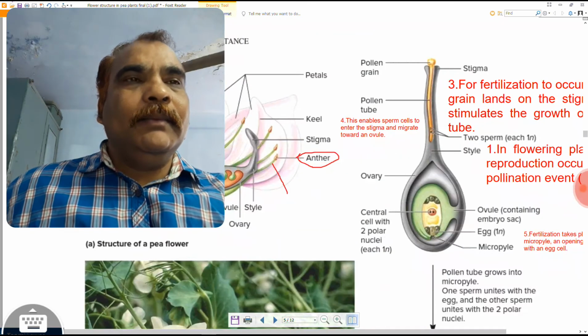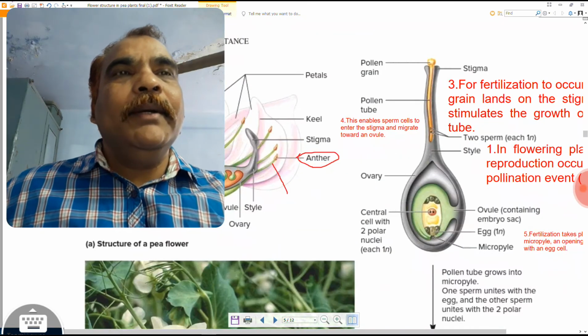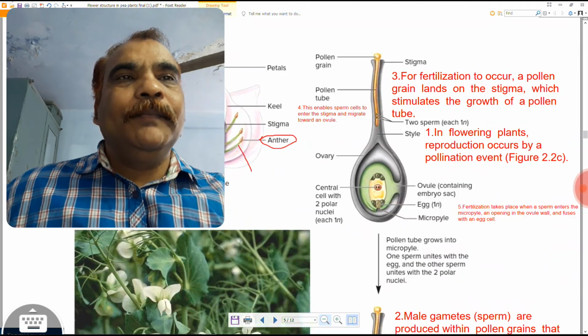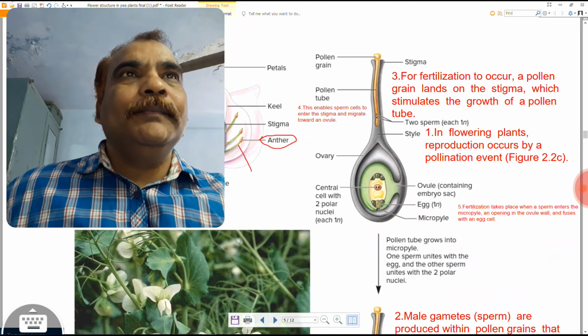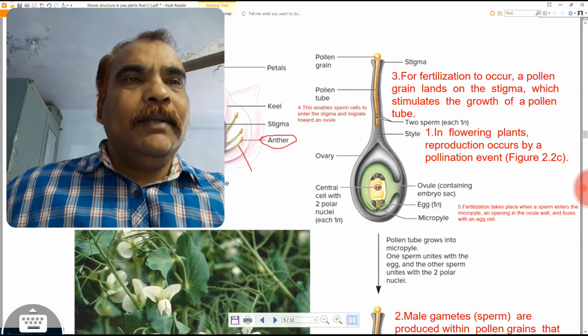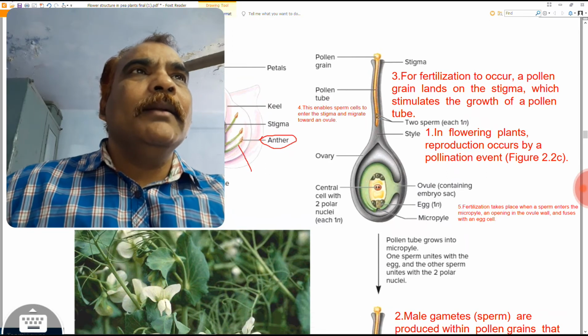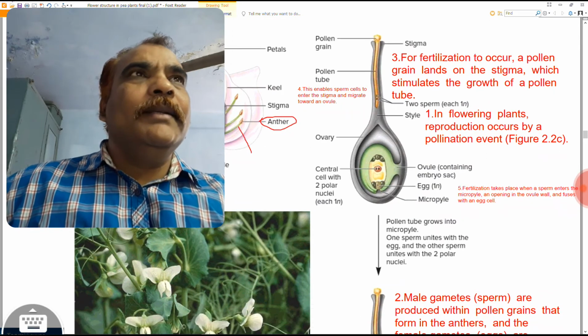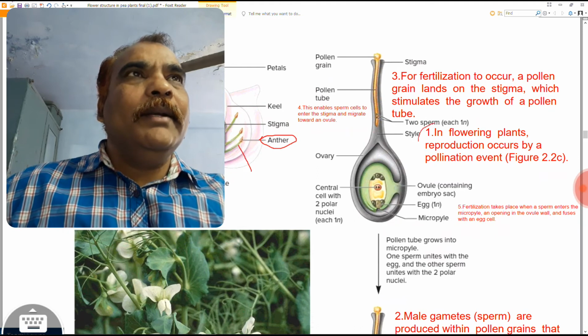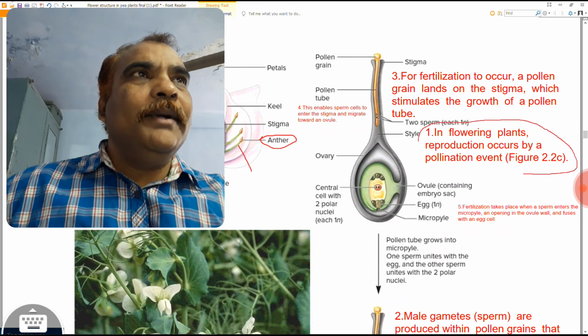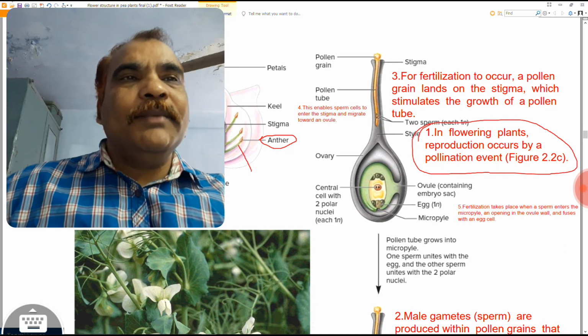Now in this figure, see this is point number 1. Over here I have written this first point.